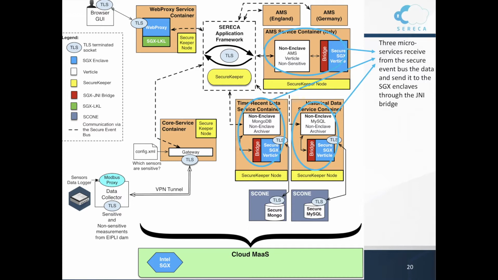These storage systems run in a SCONE container. SCONE is another component provided by the Sereca project, which is a particular version of container that uses SGX to ensure, in a transparent manner, security for a legacy application.